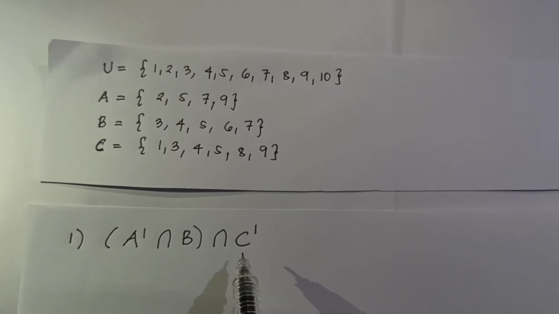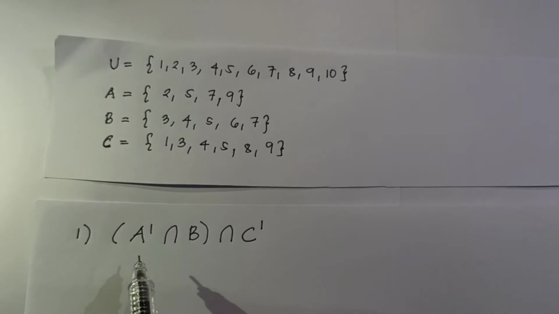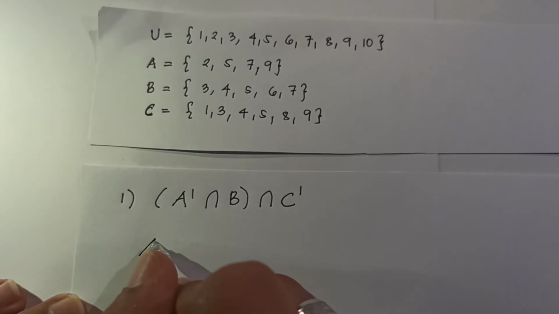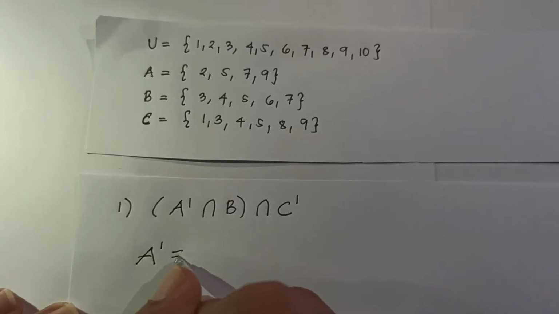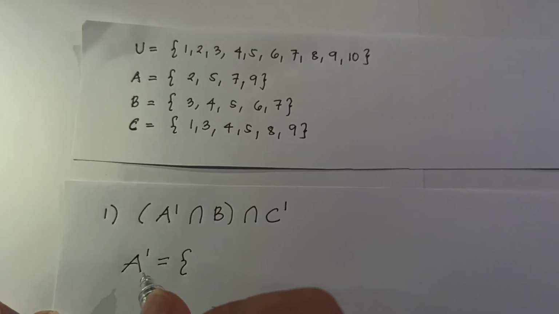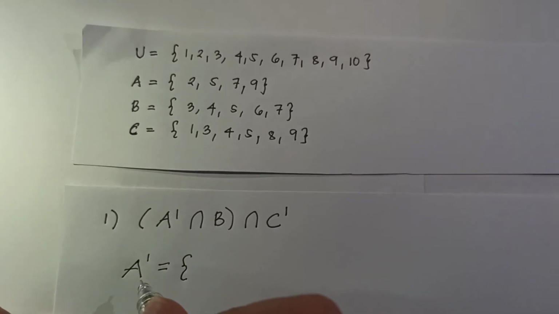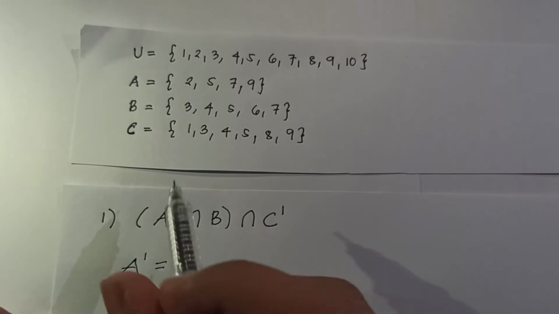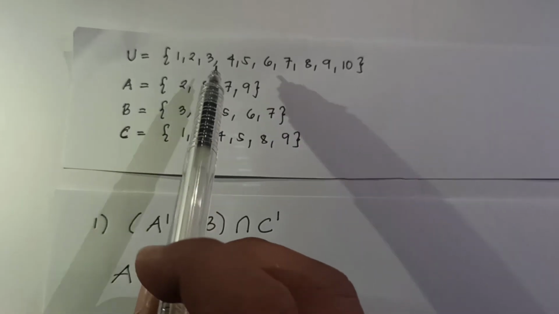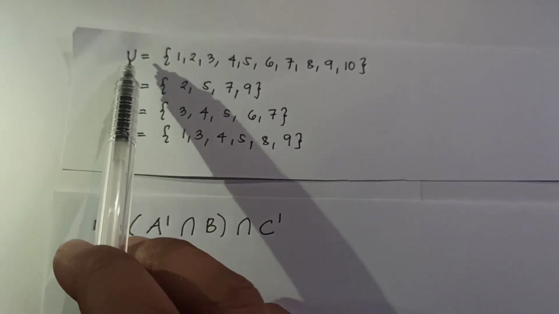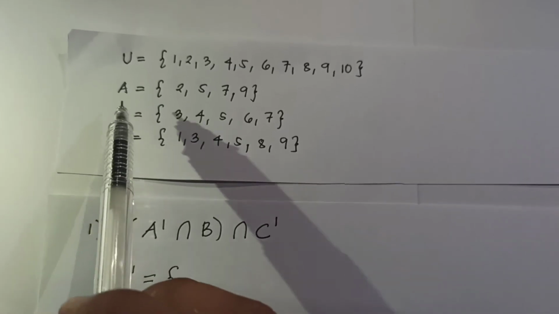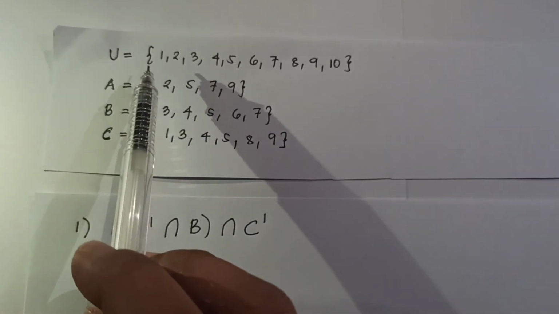So in this case, class, we first solve A prime. Step-by-step solution: we are going to solve A prime based on the universal set. What is in set A, we should not copy or write from the universal set, because A complement is what is not in A using the universal set.